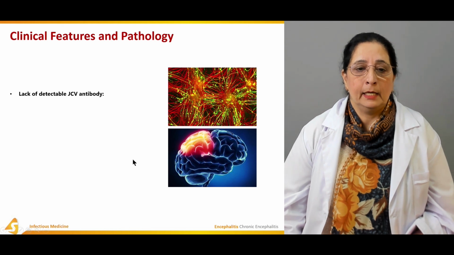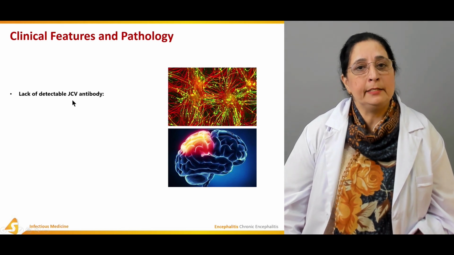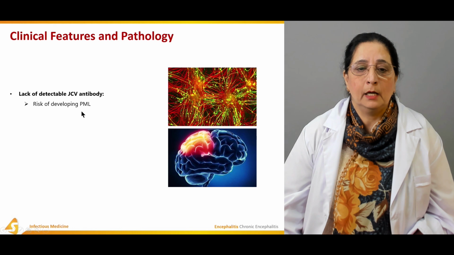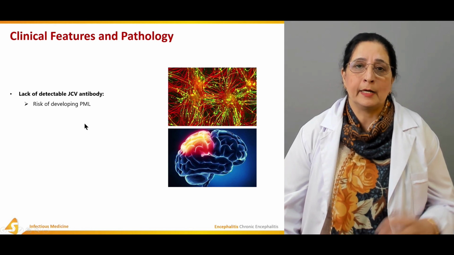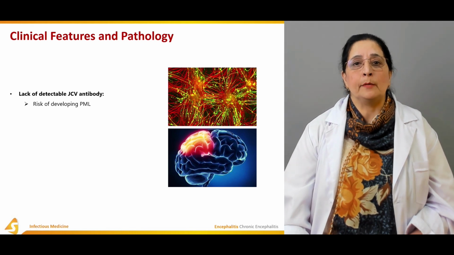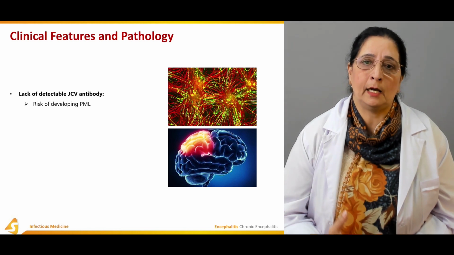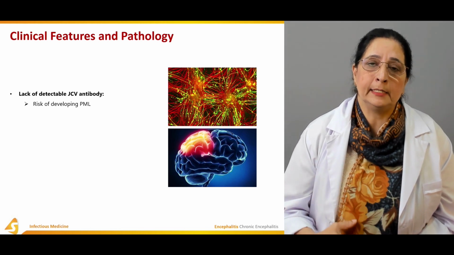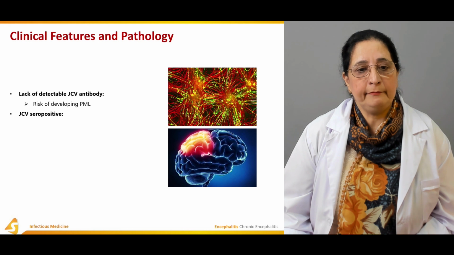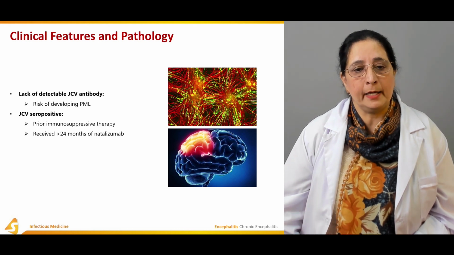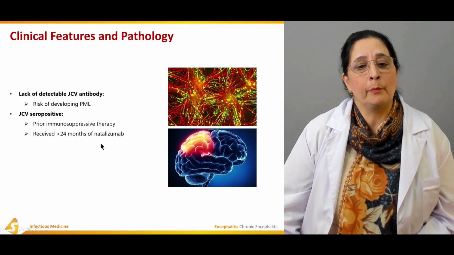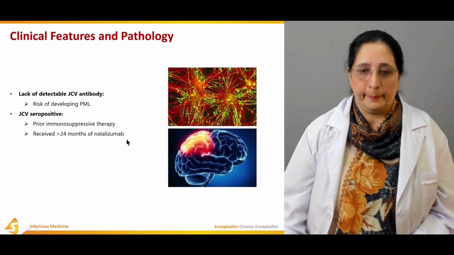Then the lack of detectable JCV antibody is a risk factor for developing PML. Antibodies are for protection, so if these antibodies are less, patients are more prone to infection. JCV seropositive, prior immunosuppressive therapy, and more than 24 months of natalizumab are also risks.